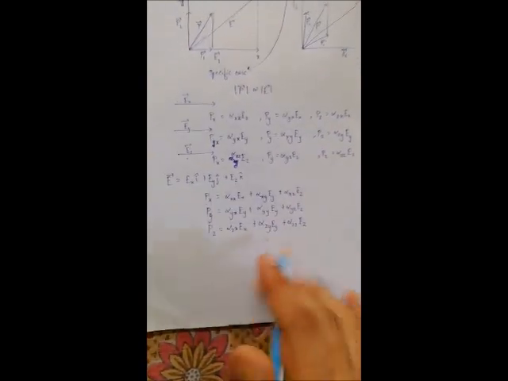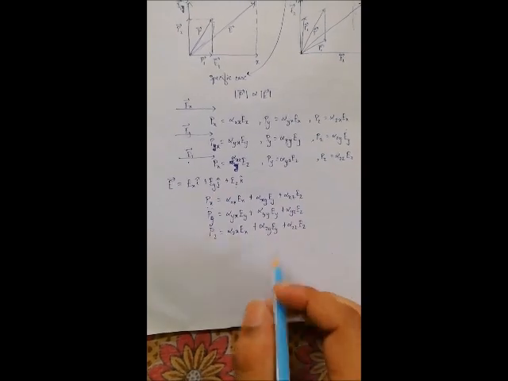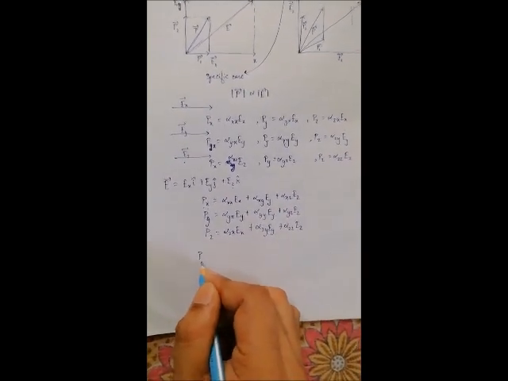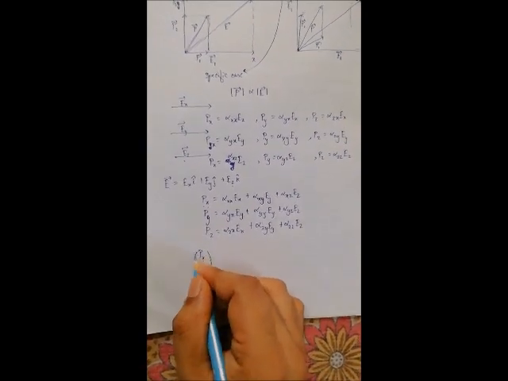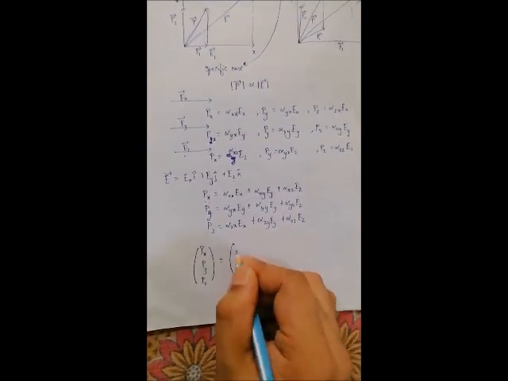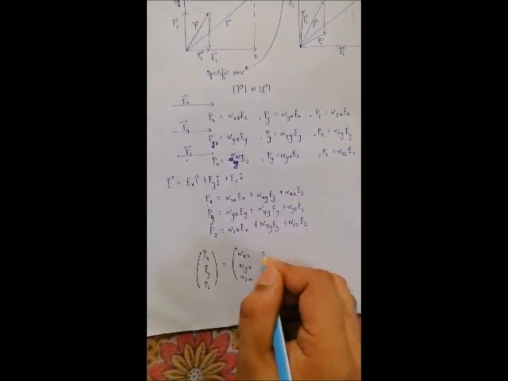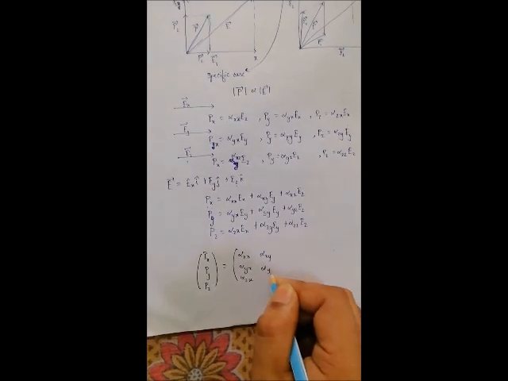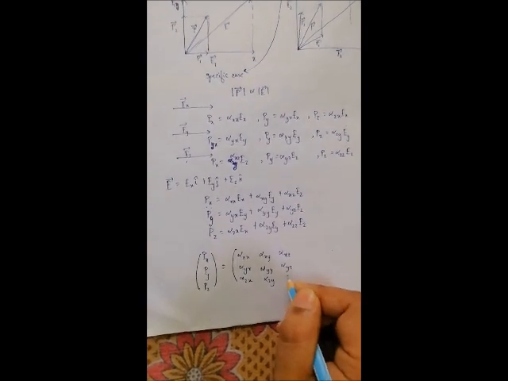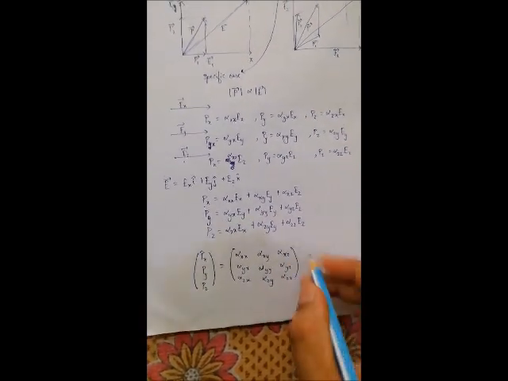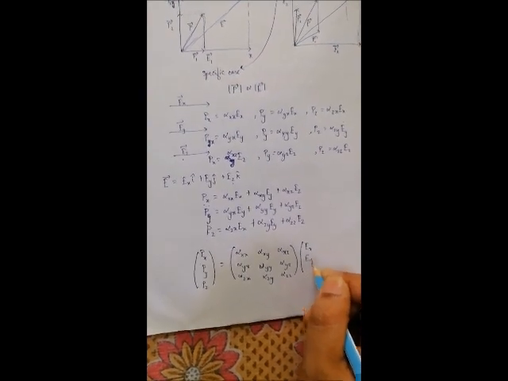So as you know, these are three linear equations and you can represent this in the form of a matrix, and in general the polarization vector is described as this quantity, the matrix of alphas multiplied by this electric field.